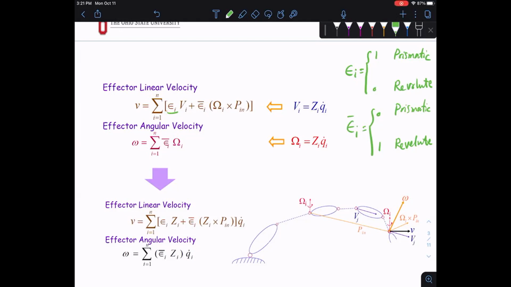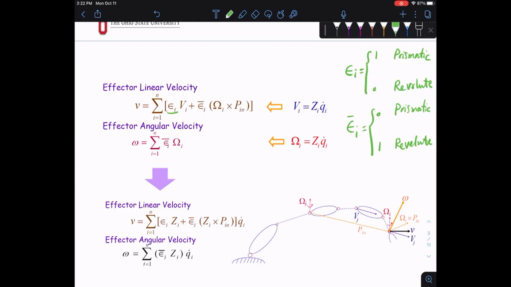If this is part of velocity kinematics, this is your velocity of a robot, the linear part, is something times the joint velocities. What is this segment? Velocity kinematics is Jacobian times each joint velocity, right?